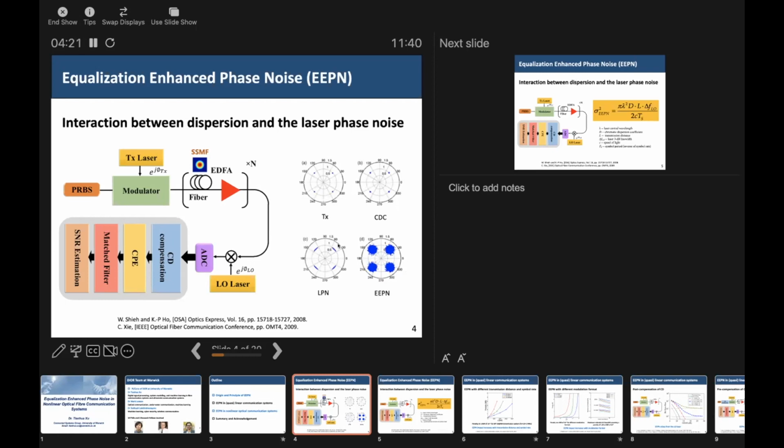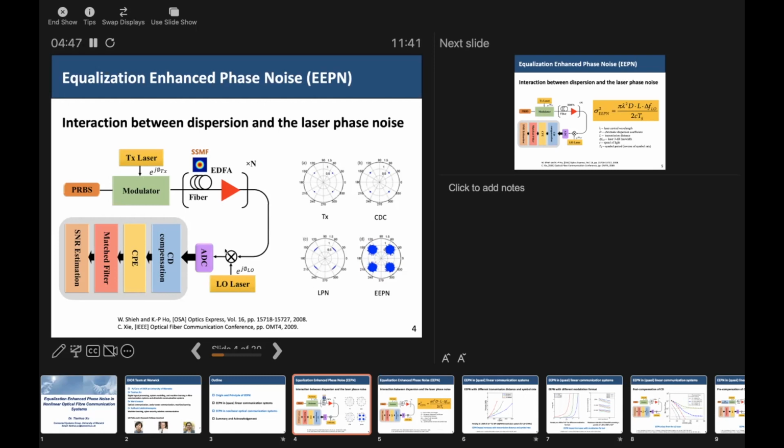Some early works from the University of Melbourne and Bell Labs realized this effect. They did simulations and found that if we remove the dispersion in the fiber, and only have the phase noise, we can see some impact of phase noise.